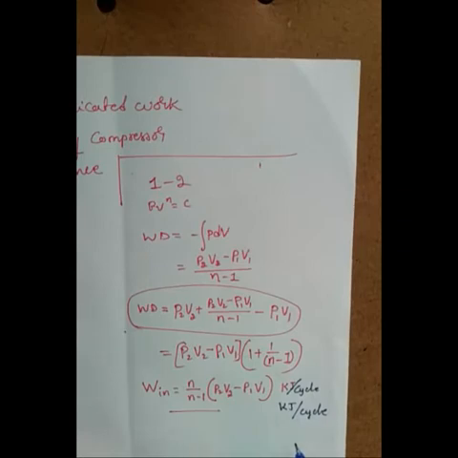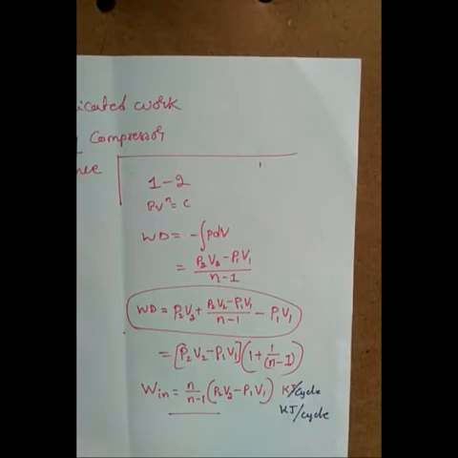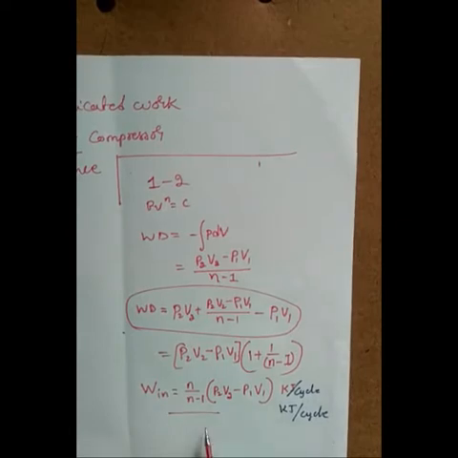Later on, while solving problems, we will get so many values. So we should know whether that is given in terms of kilojoule per second or kilojoule per cycle. So that difference is very important.